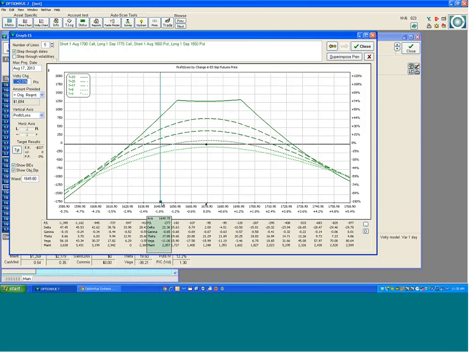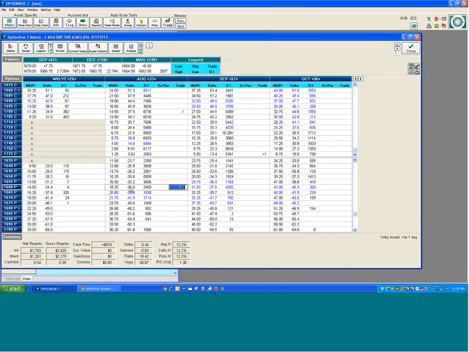Maybe we don't even want to get neutral. Maybe we want to get a little bit delta negative. So once again, a perfect strategy to give you negative deltas and positive Vega would be a diagonal calendar put spread. Diagonal calendar put spread.